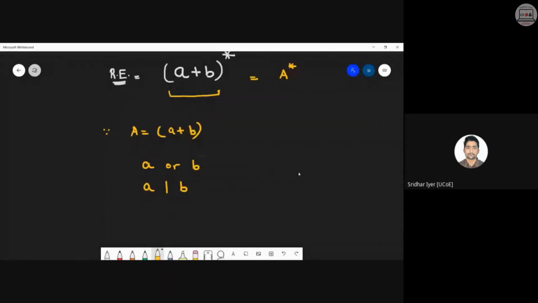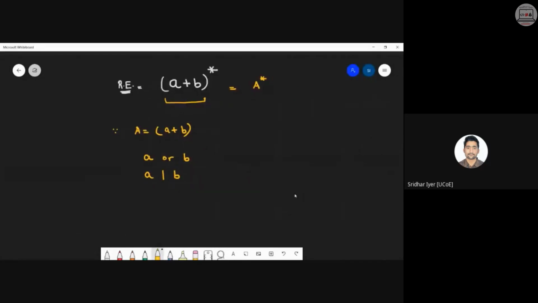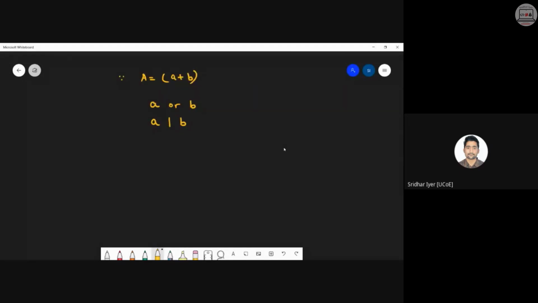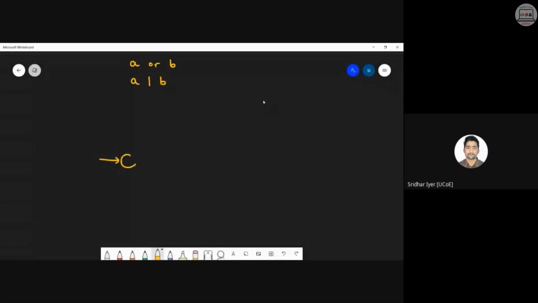So let's move ahead. It is A plus B, and the closure of the entire thing we have to make. That is capital A closure. Whenever you are having such a situation where it is either A or B, we know that very first thing is you have to start with the start state. You can give names later on. I'm simply making the circles over here.